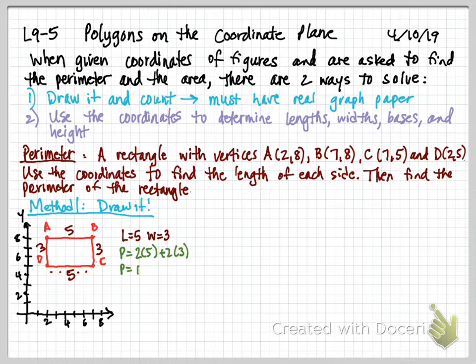So that's going to give me 10 plus 6, which gives me 16. So I would say the perimeter is 16 units. I didn't tell you whether it was inches, feet, meters, miles, so we're just going to say 16 units.